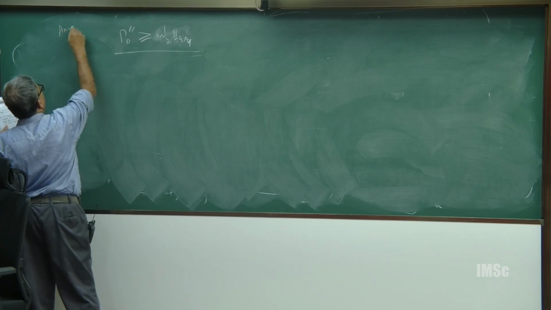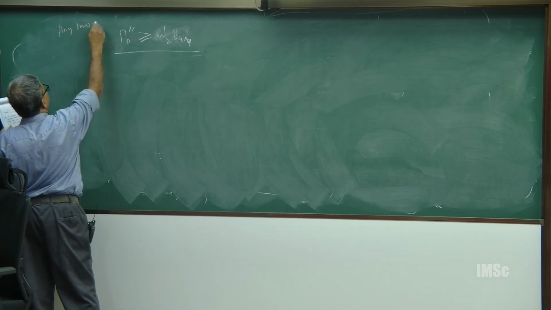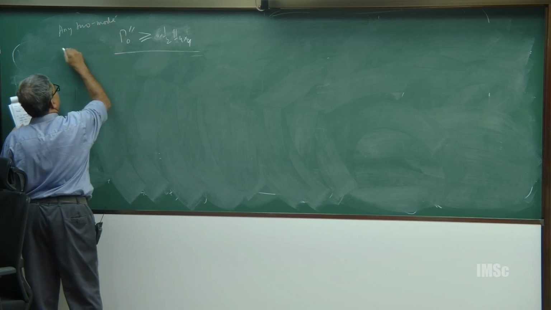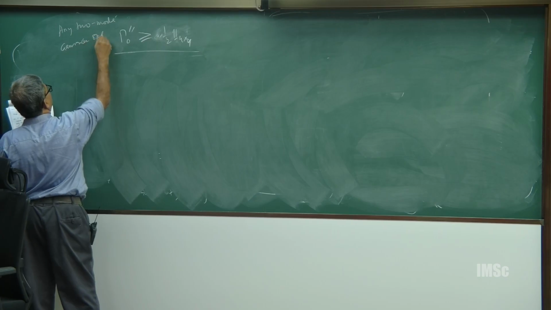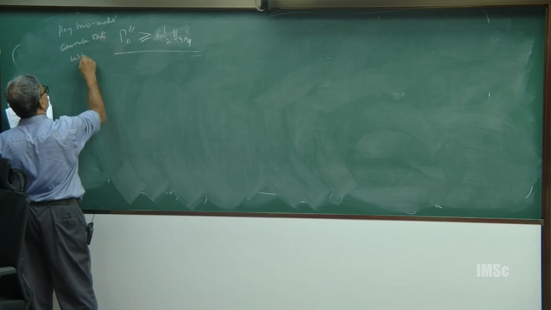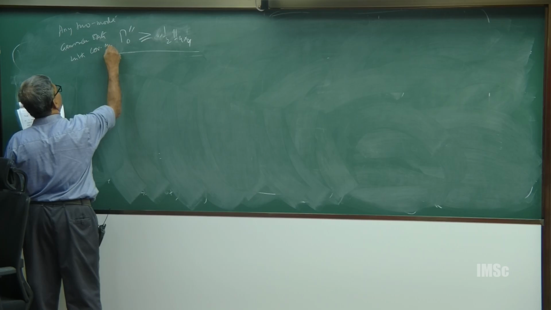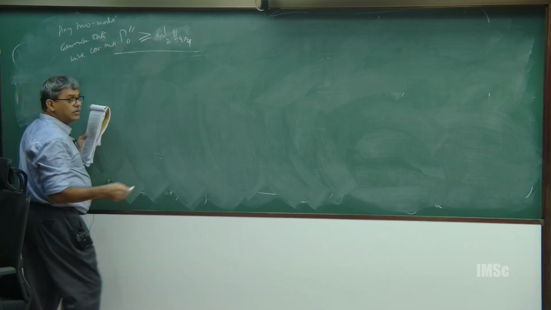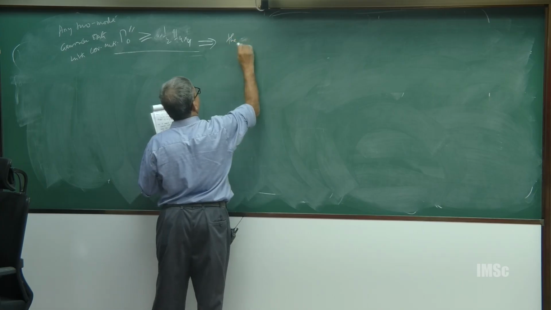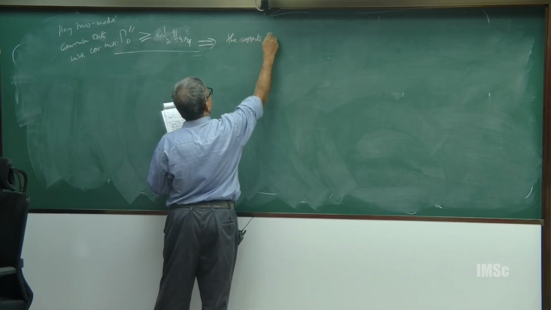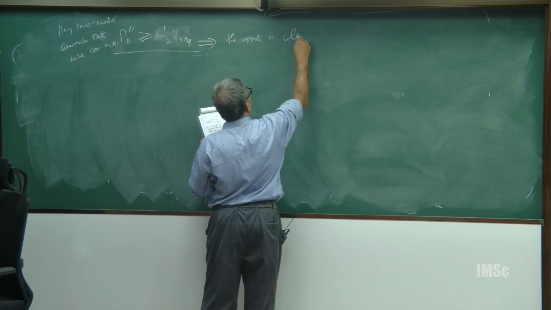So, any two mode Gaussian state with covariance matrix greater than or equal to this will imply the state is classical.